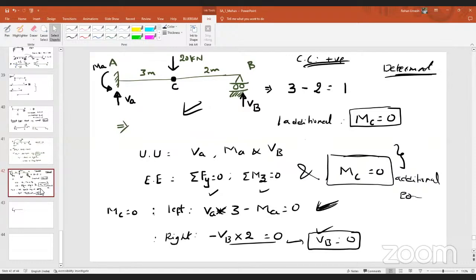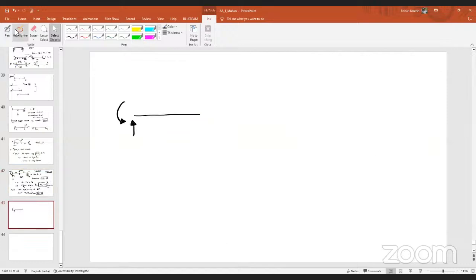Only vertical. Why? Because as it is a hinge, the moment is already 0. So I consider only one vertical force. Do I know this value? No, so imagine it as an unknown, VC. Unknowns are VA and MA.